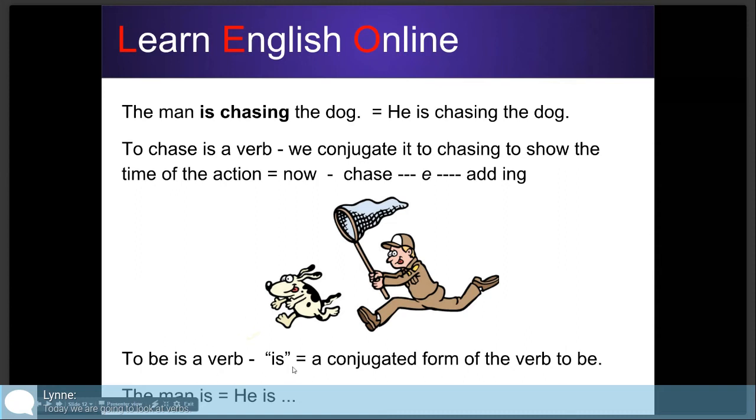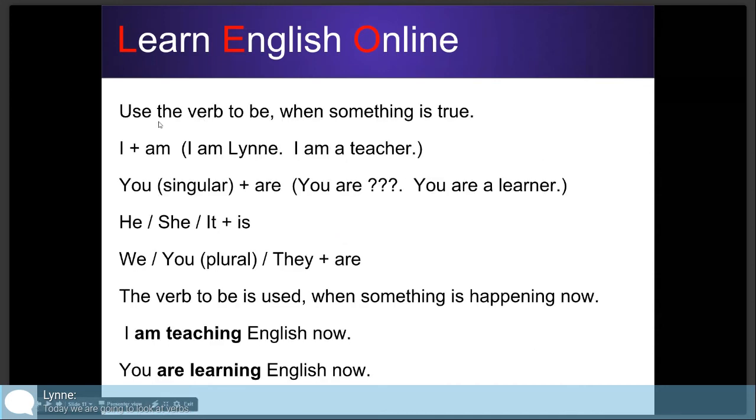And to be as a verb is a conjugated form of the verb to be. The man is, he is. Okay, and that form to be, remember, it conjugates in lots of different ways.